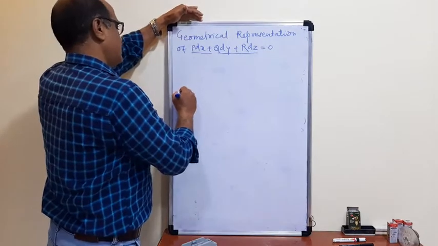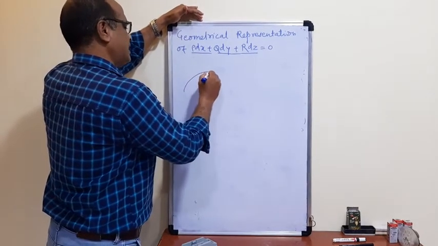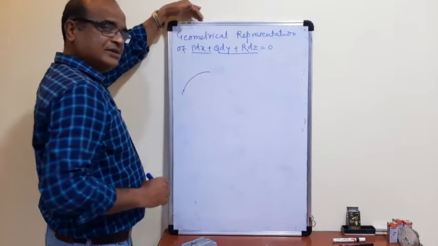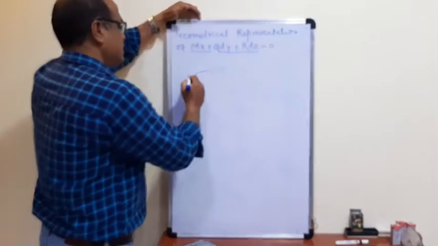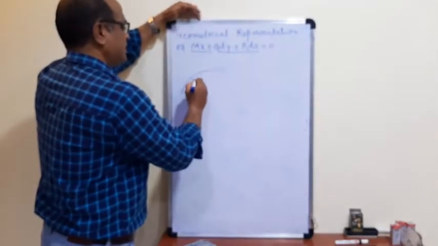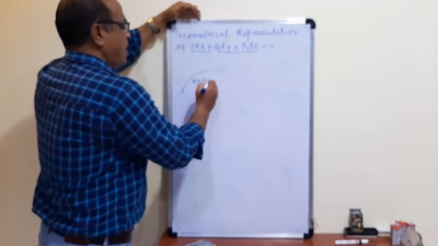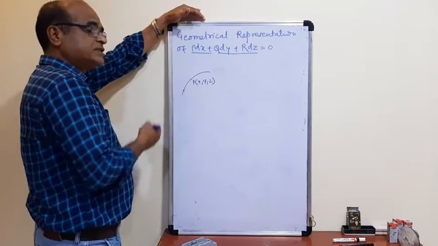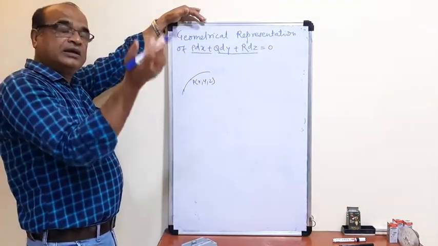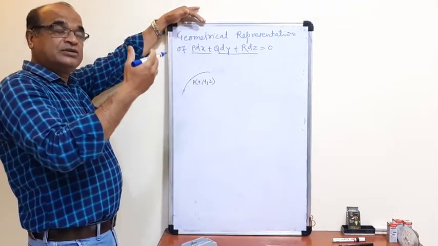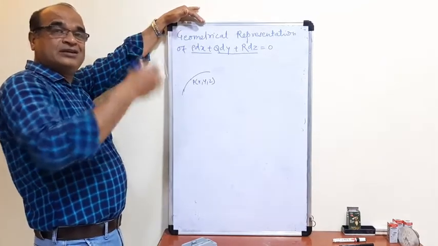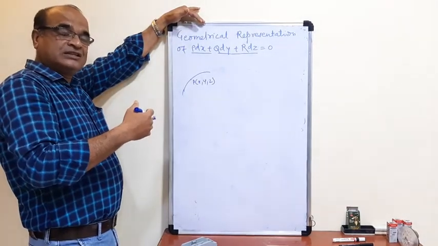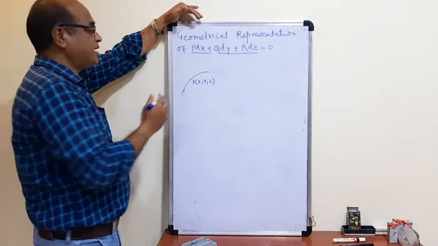So take a diagram. This is the curve, a space curve. This is the point (x, y, z). This is the curve in space, obtained by the primitive, that is u, a function of x, y, z, equal to c. This equation is nothing but a curve in space.